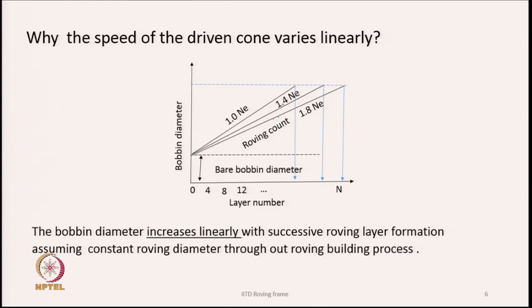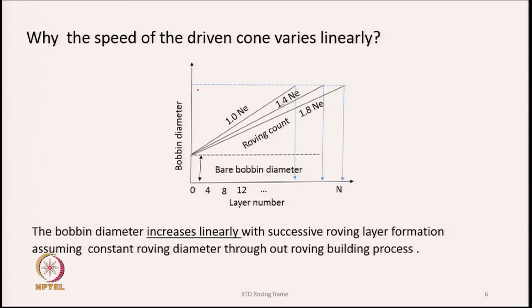Here we are showing the way the diameter increases for 3 different roving fineness: 1.0 Ne, 1.4 Ne, 1.8 Ne. 1.8 Ne is much finer than 1.0 Ne, and therefore the slope of the line is less in comparison to the one where the roving diameter is larger.